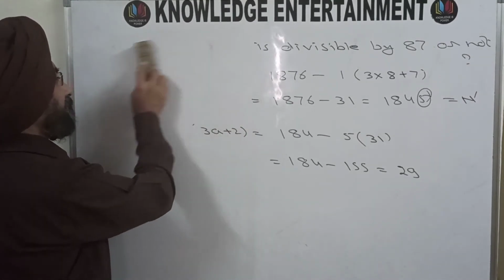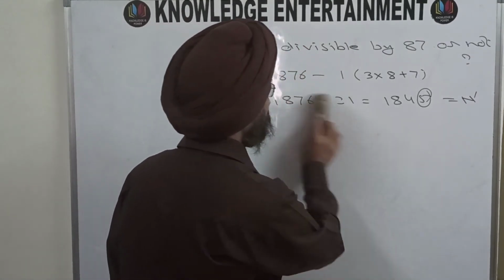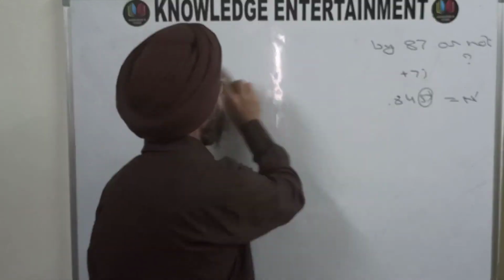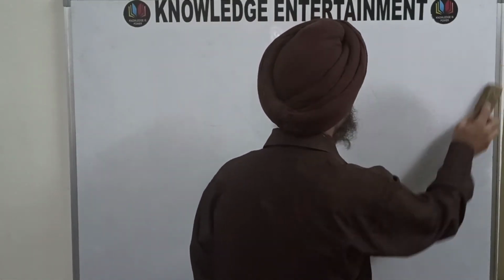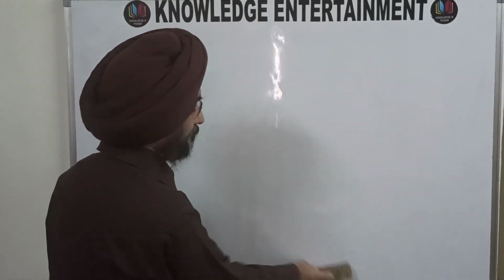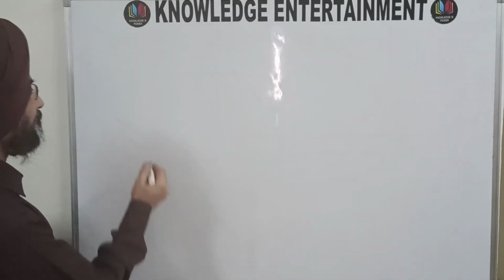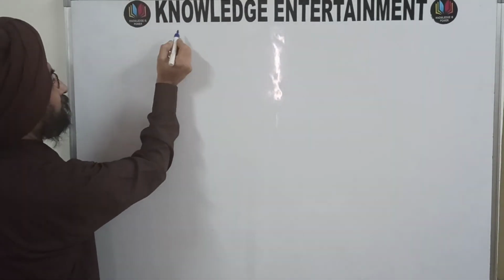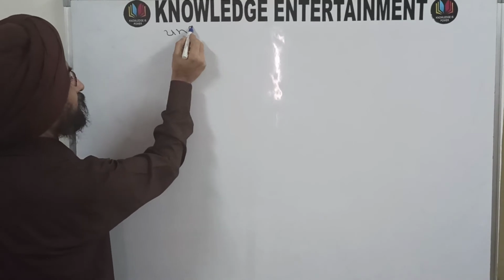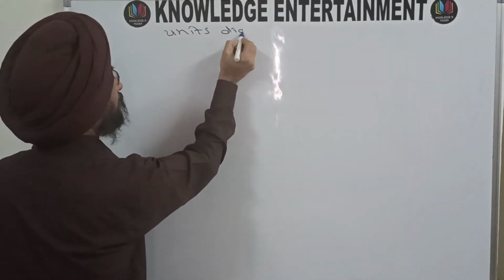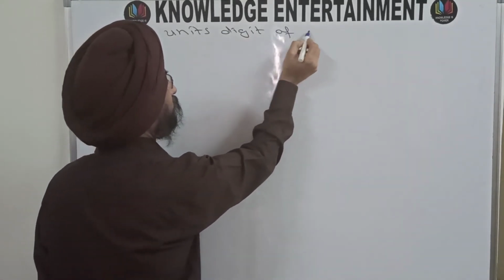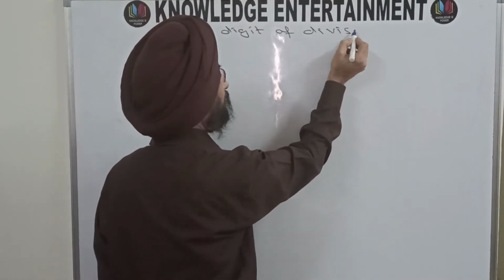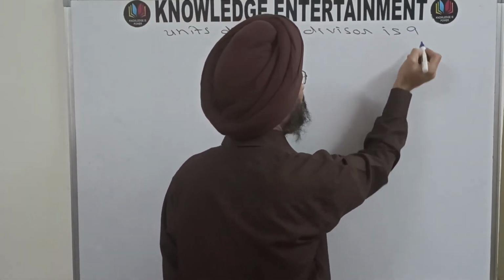Now the third test, if your divisor is a 2-digit number and the units place is occupied by the digit 9, then the test is now, I'll write first, units digit of divisor is 9.